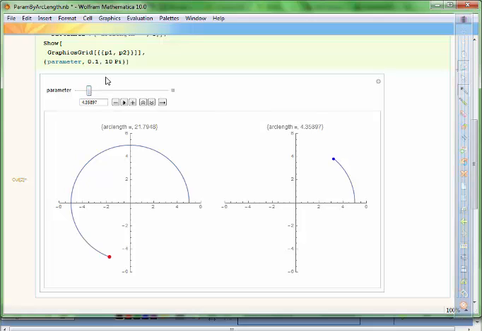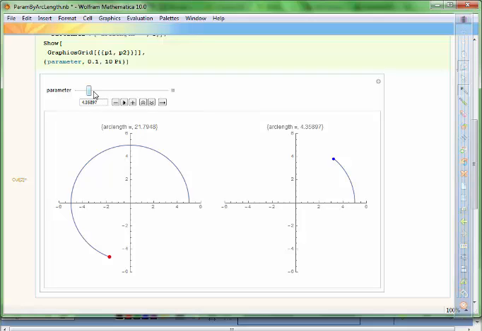Does anybody see anything interesting happening here? 25% of this one? Okay, it looks like it.